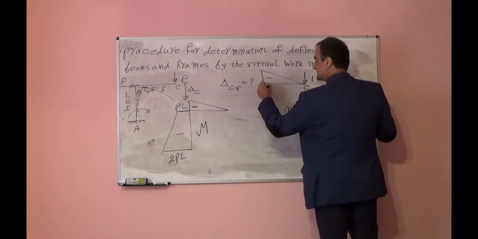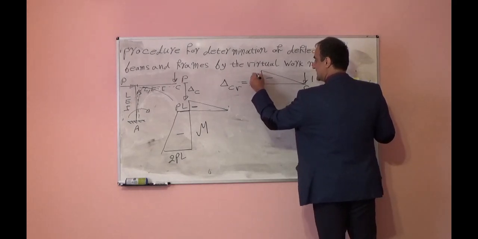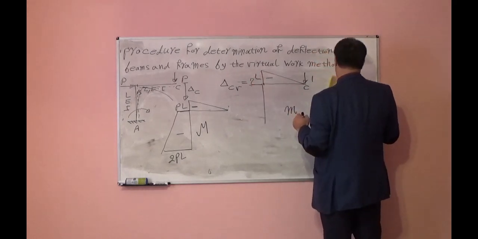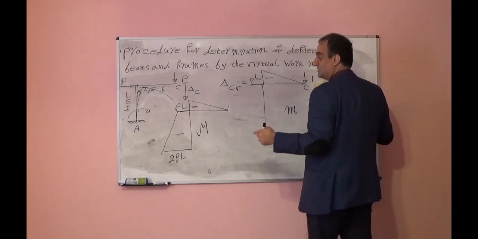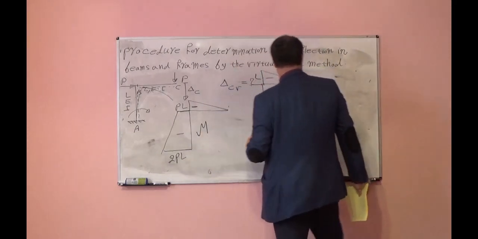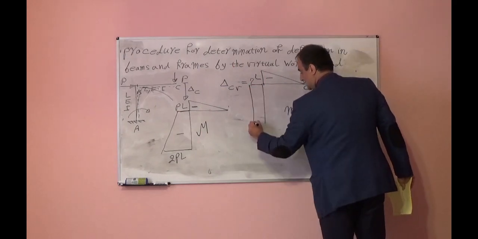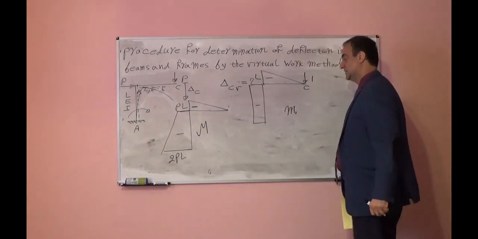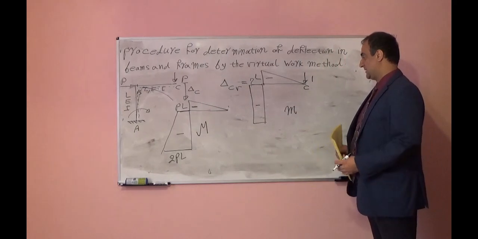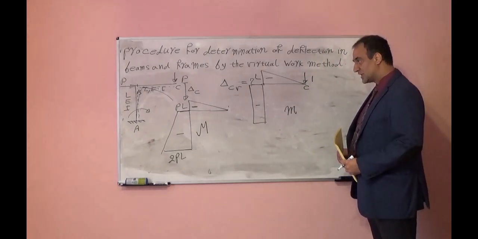Because this is a rigid joint, I will have the same moment L on the other side. At point A, again the moment will be 1 times L. So it remains the same and it will be a rectangular shape.